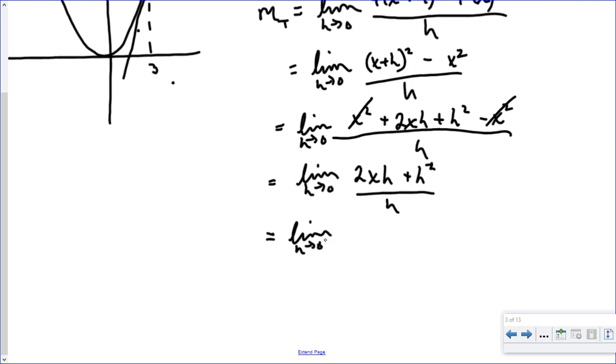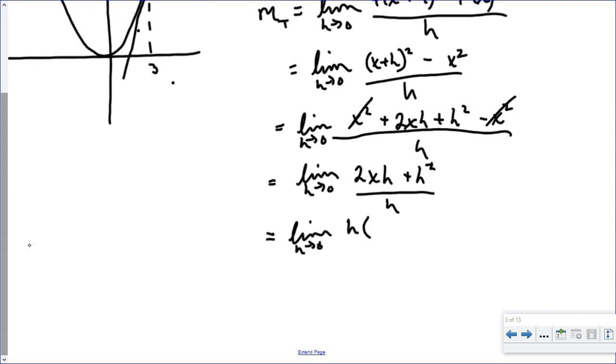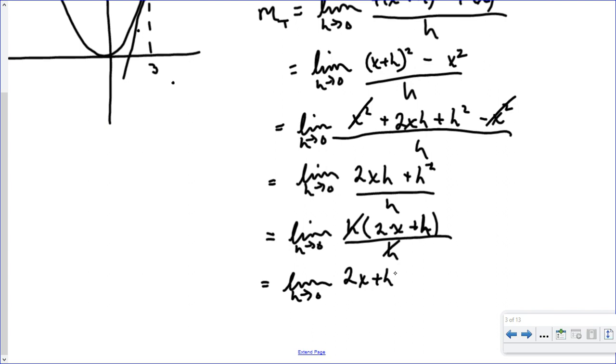The steps are always the same when we deal with finding the slopes of tangents using limits. We always apply the function, expand and simplify, and factor out the h. That will cancel, and then I've got my limit expression simplified down to 2x plus h.